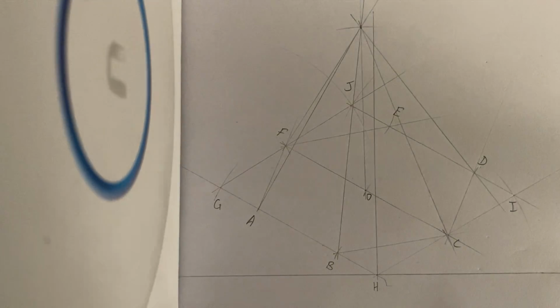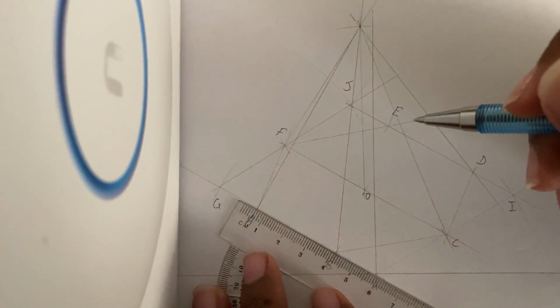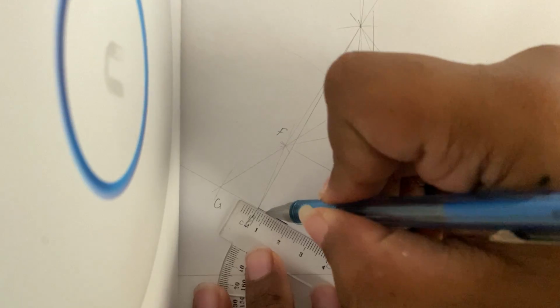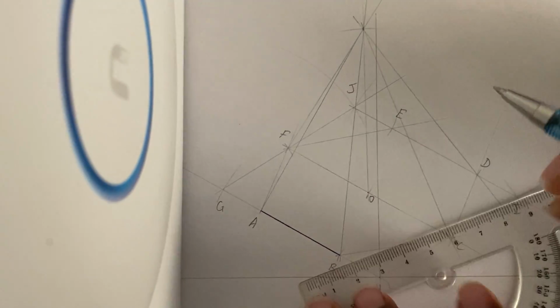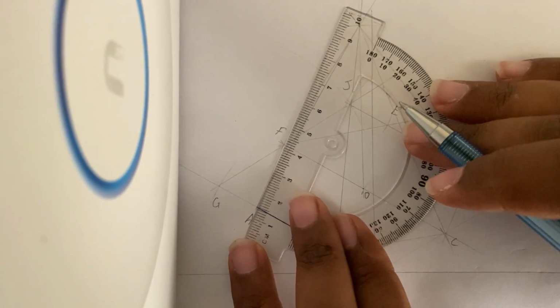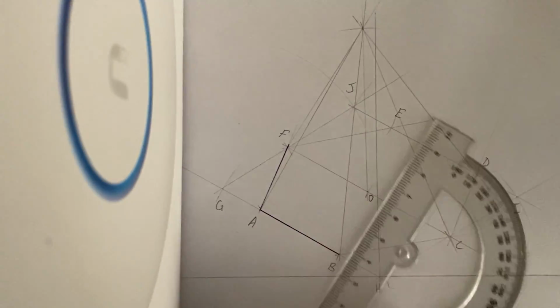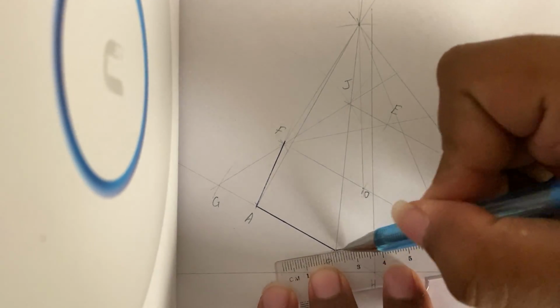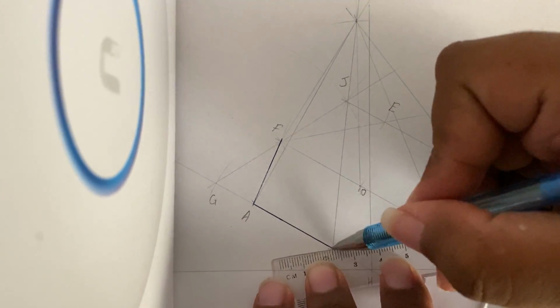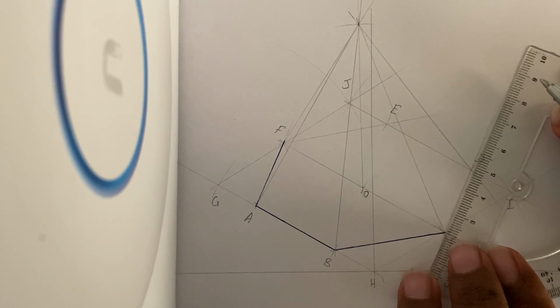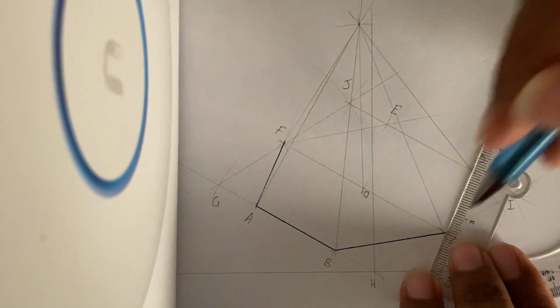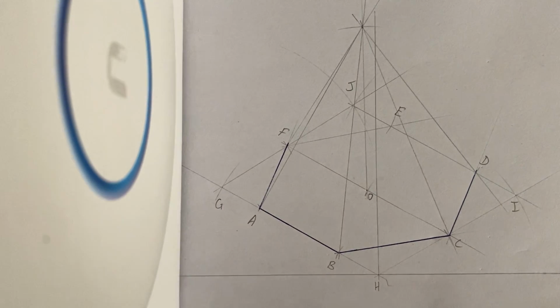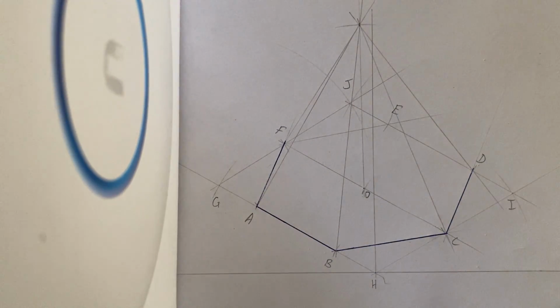So for the parts that would show on the pyramid, you would definitely see AB. You would definitely see this side here from A to F. You would see from B to C. And C to D. Right? So point E you won't really see because it would be blocked from the front view, right?